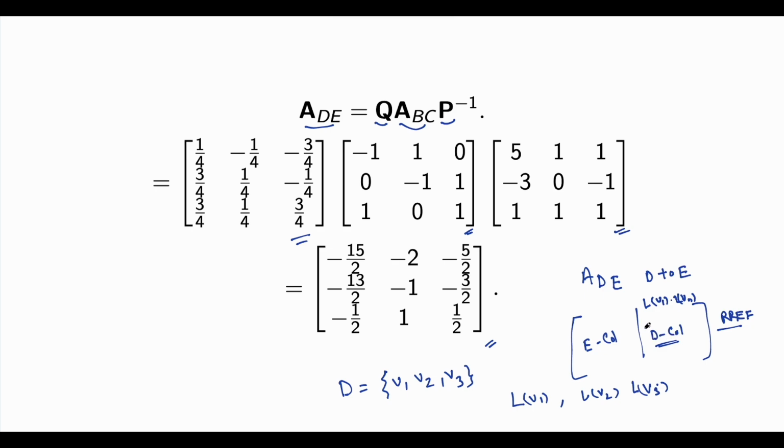So here the image column, right? You have to write the image column D, and then you can write the E column and apply RREF and then get your matrix like this: identity, and then here A, D, E, which can also be figured out using this. Okay.